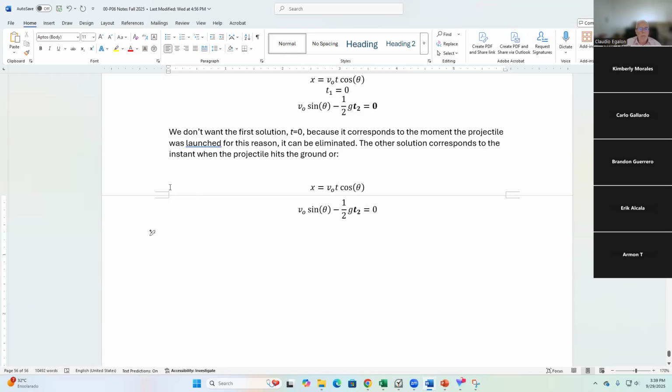Solving for T2, right? Here you go, like that. Two upstairs, G downstairs.